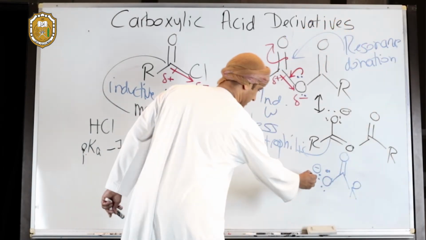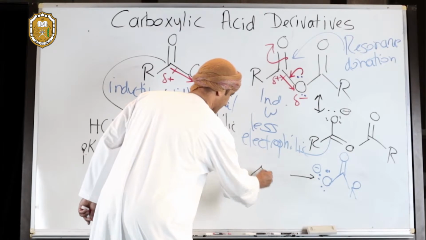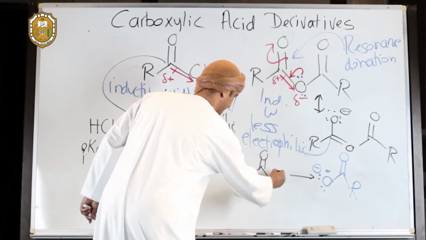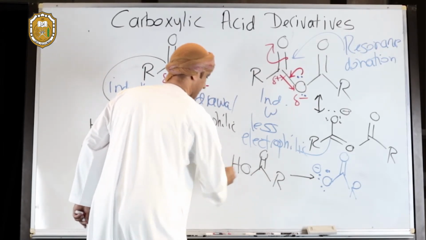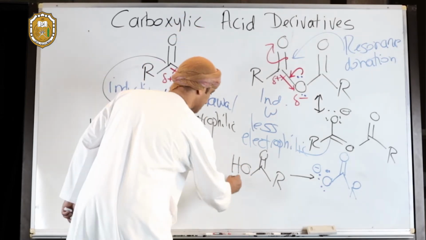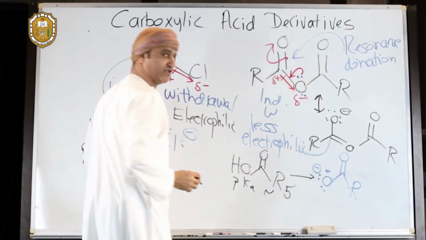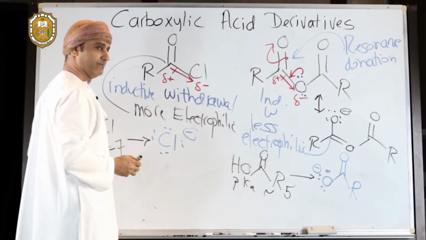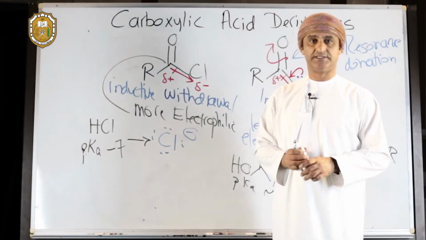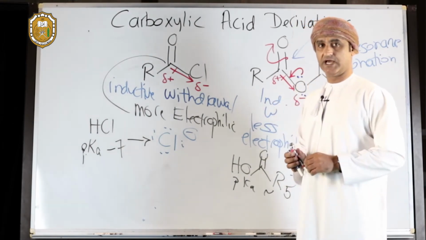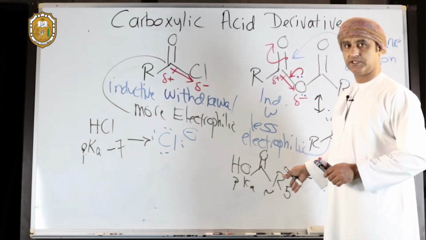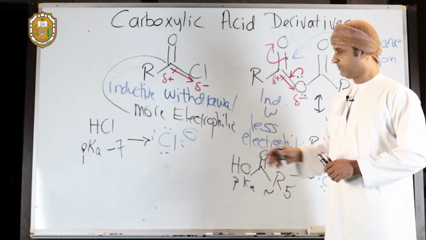The carboxylate comes from carboxylic acids. Carboxylic acids in general have a pKa of about 5. So clearly HCl is by far the stronger acid relative to carboxylic acids.